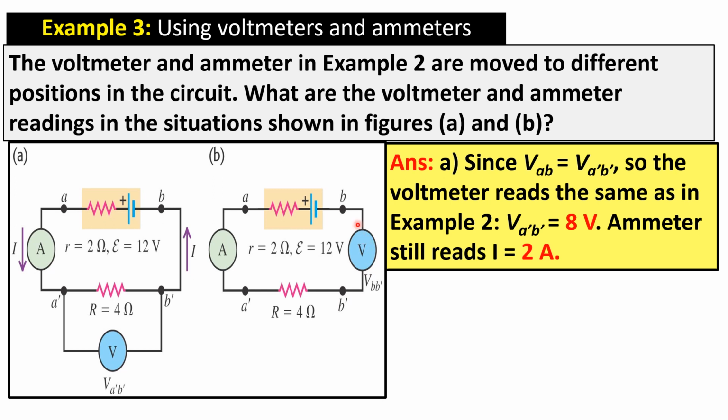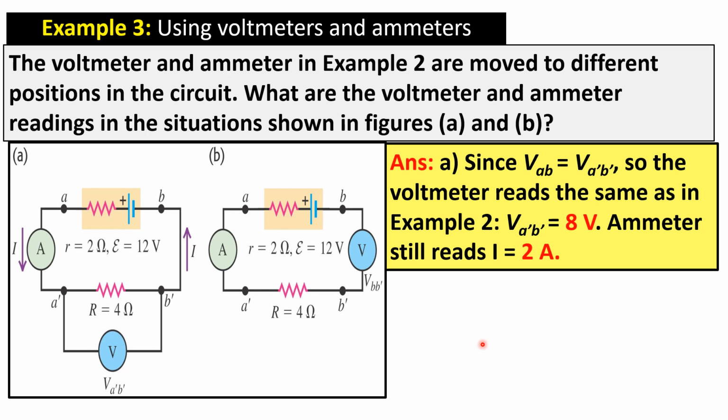The best way of describing that is it is in series to point B as well as to point B prime and to the whole other components of the circuit. So what do you think will be the current as read by the ammeter, and of course the voltage as read by the voltmeter?